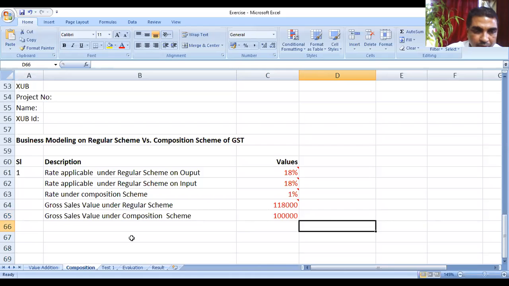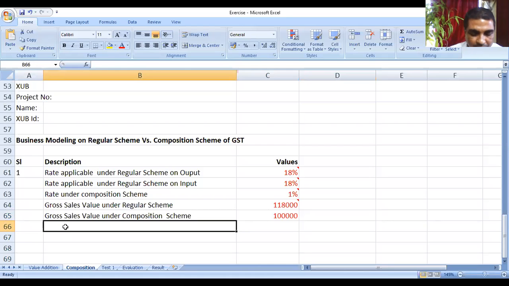Okay. Now we'll take purchase value. Purchase value also has to be filled up manually. I think gross purchase value we will take.